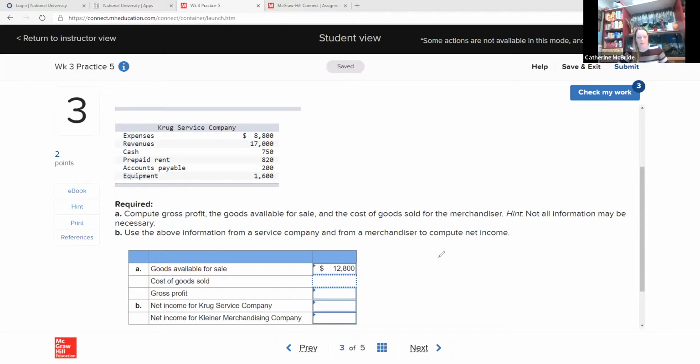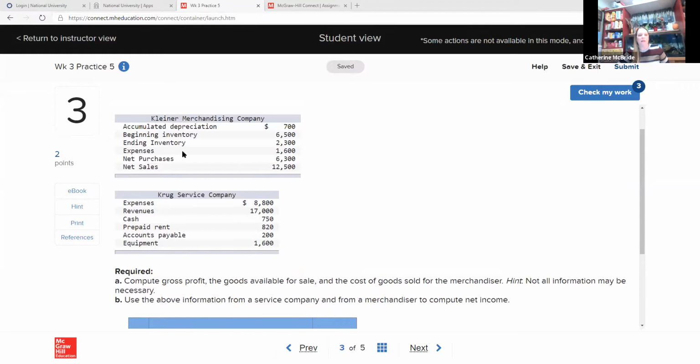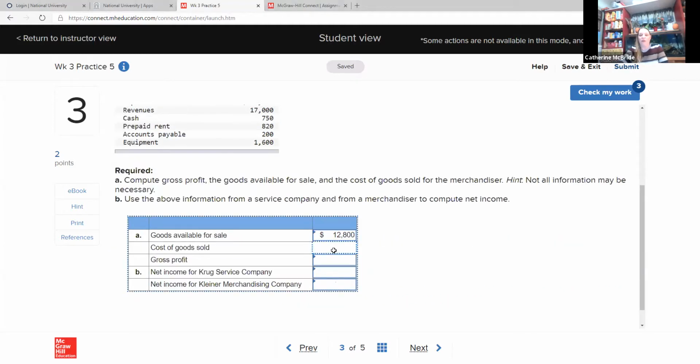So I'm going to take my 12,800, which is everything that I could have conceivably sold. And if I subtract what I still have, which is my ending inventory, that's what I didn't sell. That means that I must have sold $10,500. Okay, we're looking a little fuzzy. Are we fuzzy?